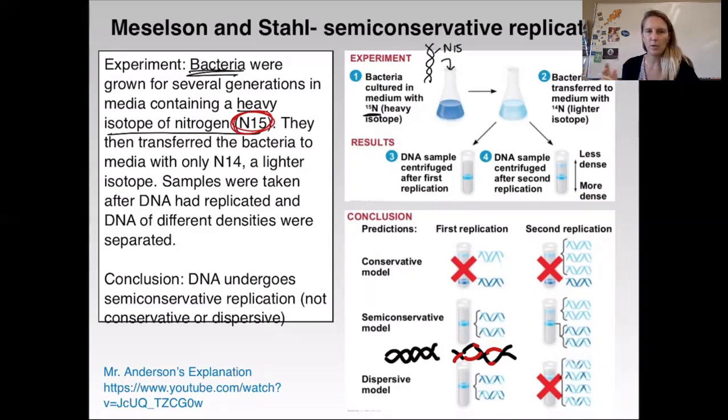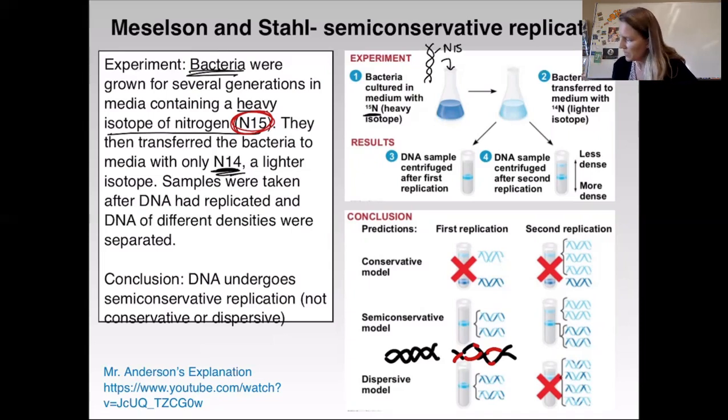Then they did something really clever. They then transferred that bacteria to a media that had only N14, right? Which is a lighter isotope. And then they took DNA samples that had replicated, and they looked at what happened over generations, all right?